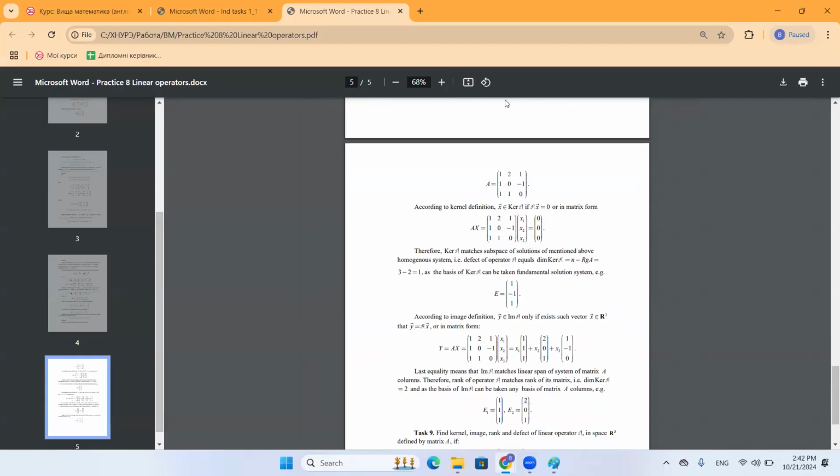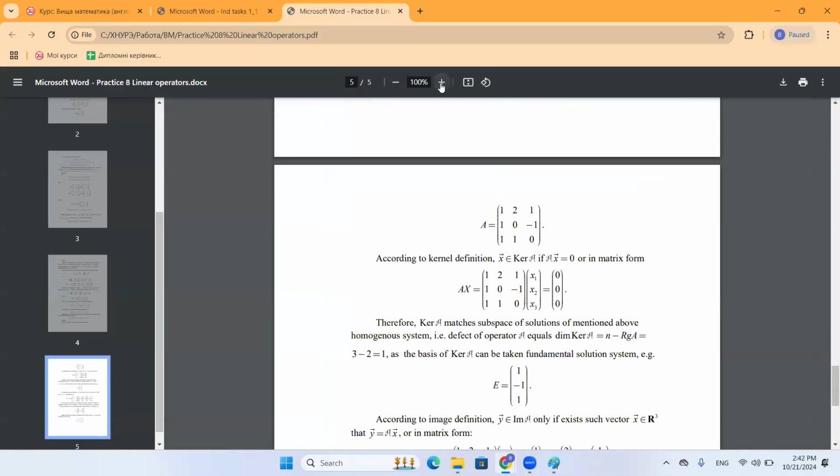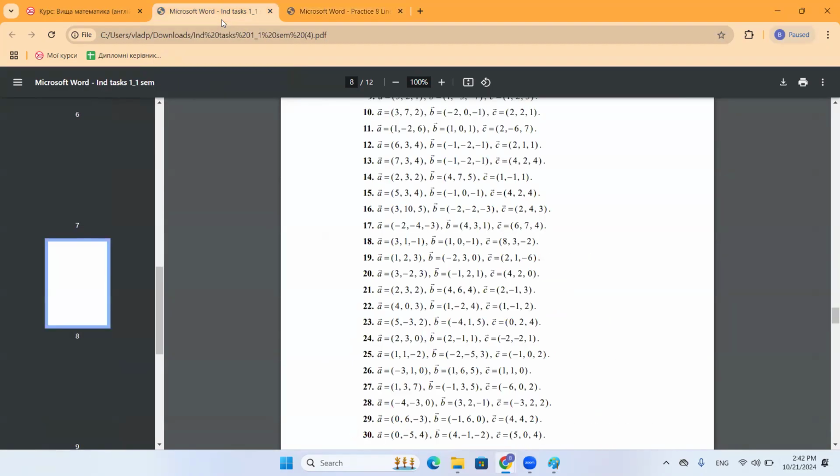Okay, Maxim? I wanted to ask about the test that we will take soon concerning linear algebra. I want to know what it will look like. What do you mean? The individual task, right?